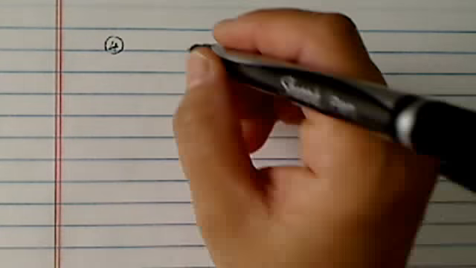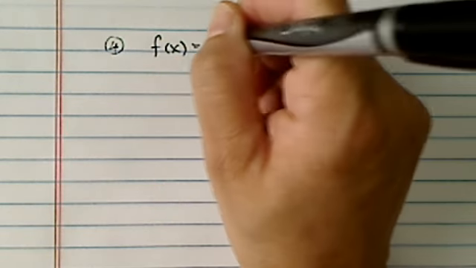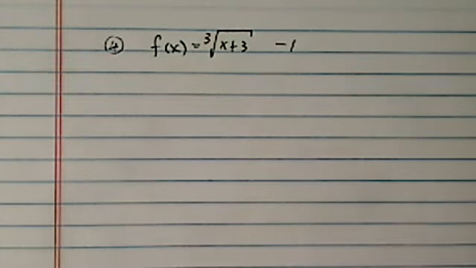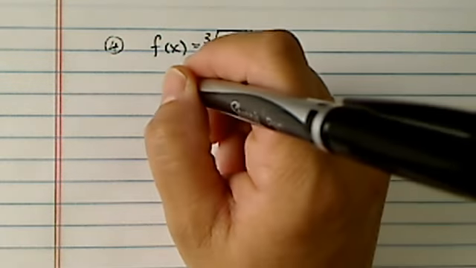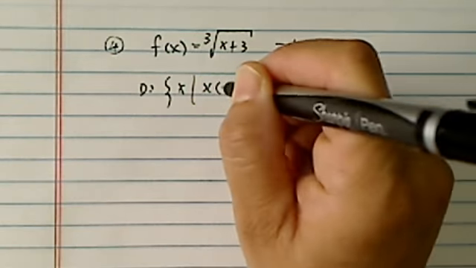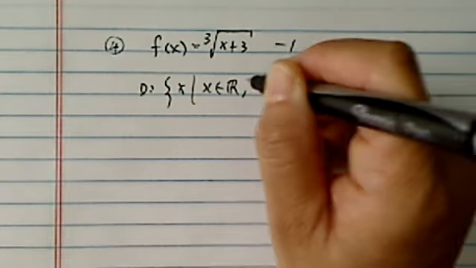Let's move on to number 4. Here we have an interesting one. We have a cube root of x plus 3. Now, cube root, unlike the square root, has no restriction. So the domain is x belongs to R. That's it.